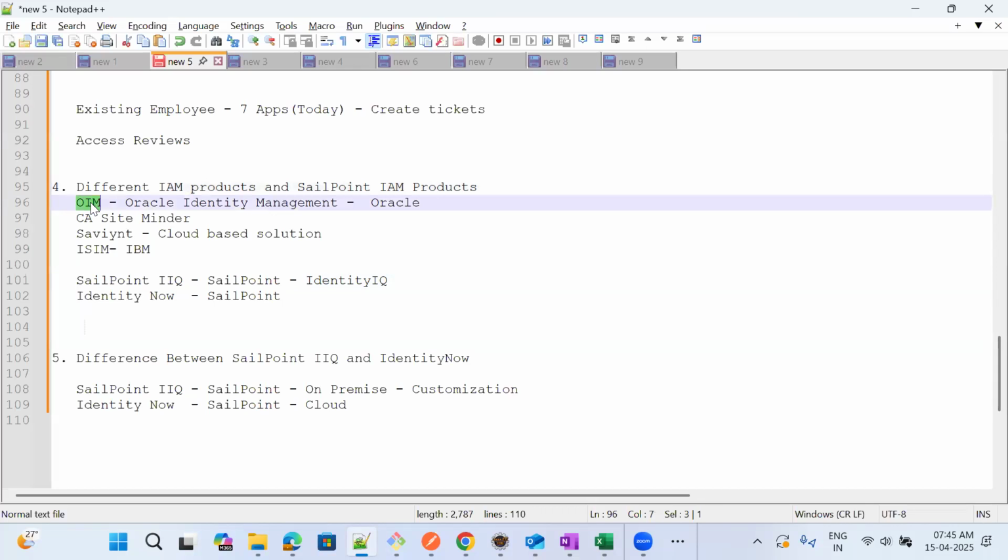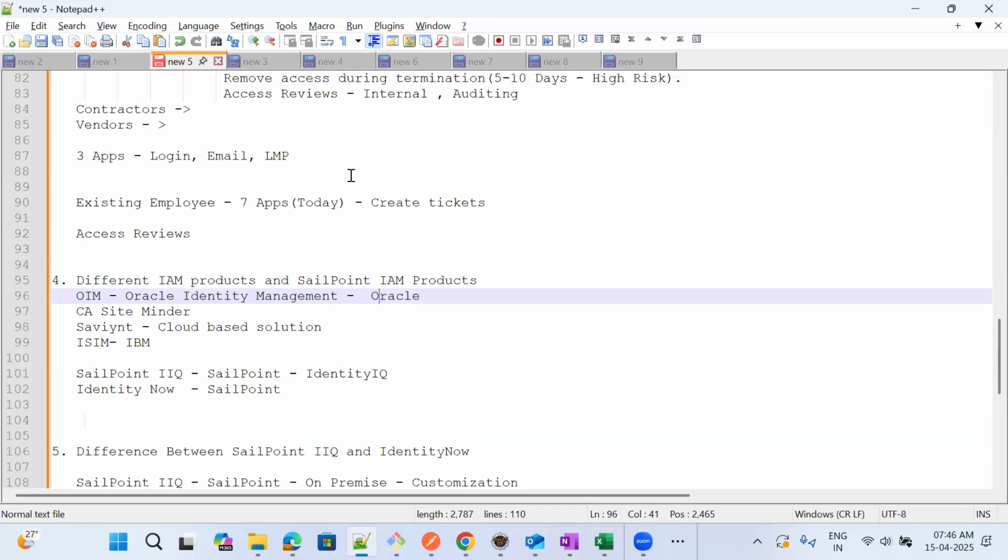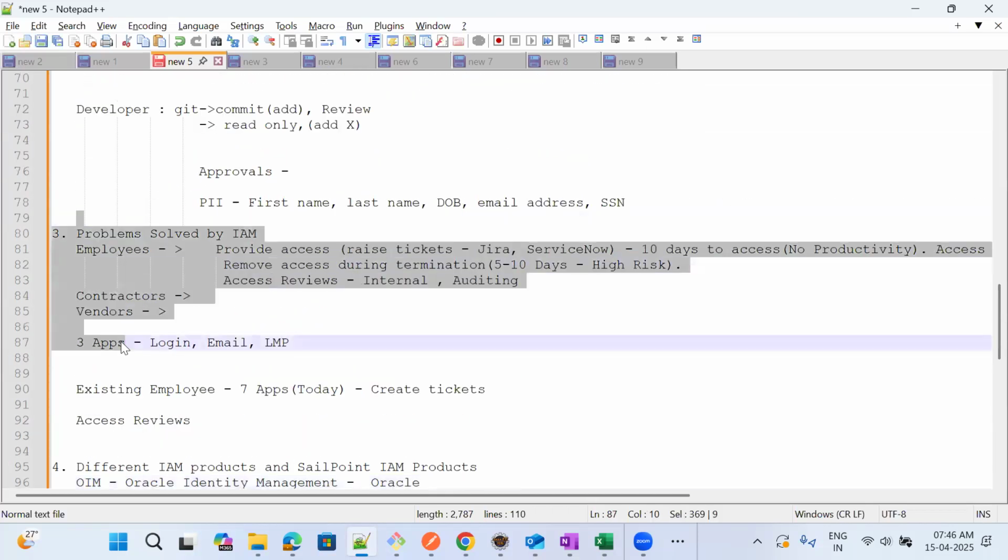We have a tool called OIM, which is Oracle Identity Management. This tool is from Oracle. We all know the Oracle company, right? It's a big company with many tools and many solutions; they have database solutions, cloud solutions, etc. So OIM is the solution from Oracle, developed to solve our IAM problems.